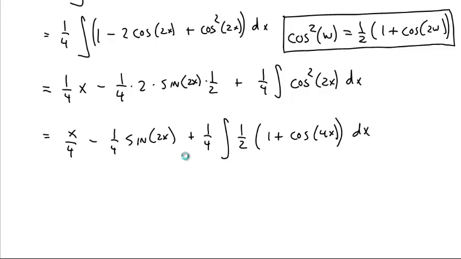We leave these things alone. 1/4 times 1/2 is 1/8. You can pull the 1/2 out front, so we have the 1/8 out front, and the integral of 1 dx is just x. Whose derivative is cosine of 4x? Here's one cool thing about the half-angle formulas.